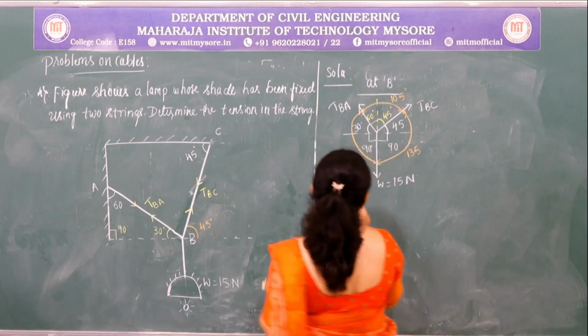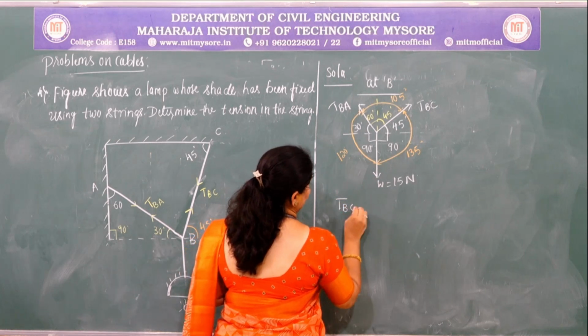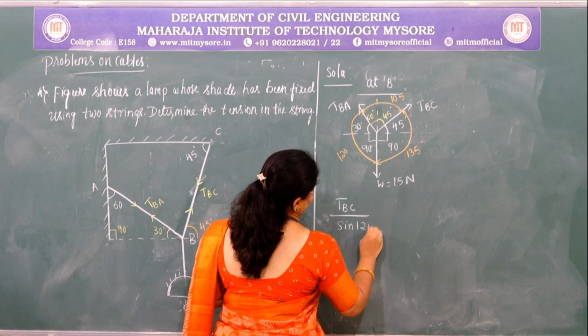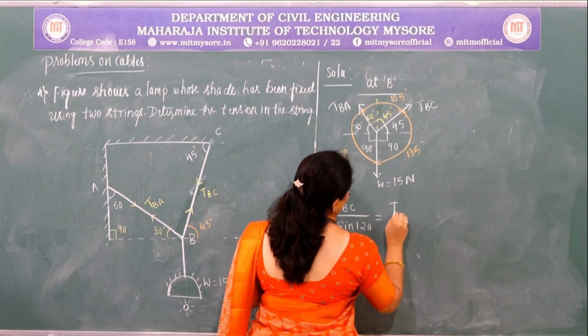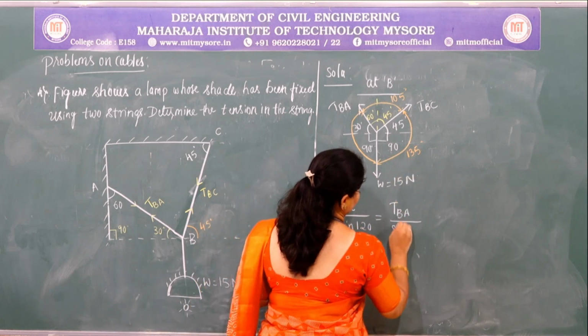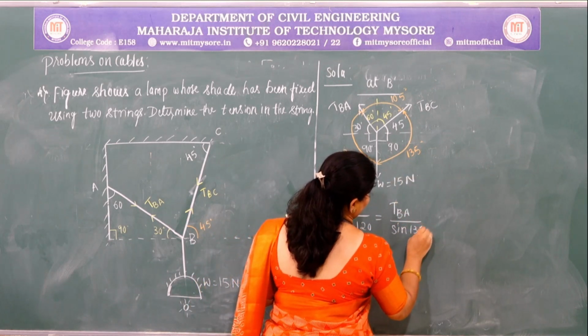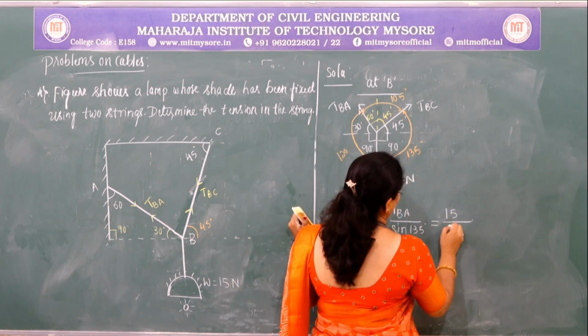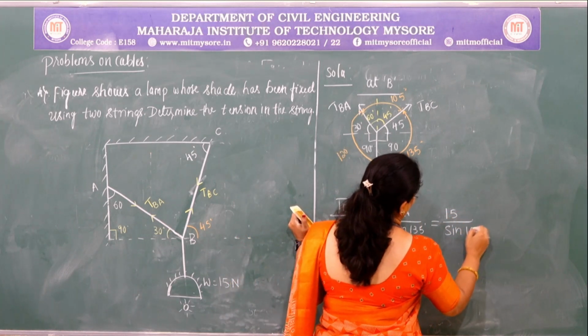Right, now apply Lami's theorem, that is TBC divided by the sine of the angle between the other two, sin 120, which is equal to TBA divided by sin 135, which is equal to the third force 15 divided by sin of the angle between the other two, 105.